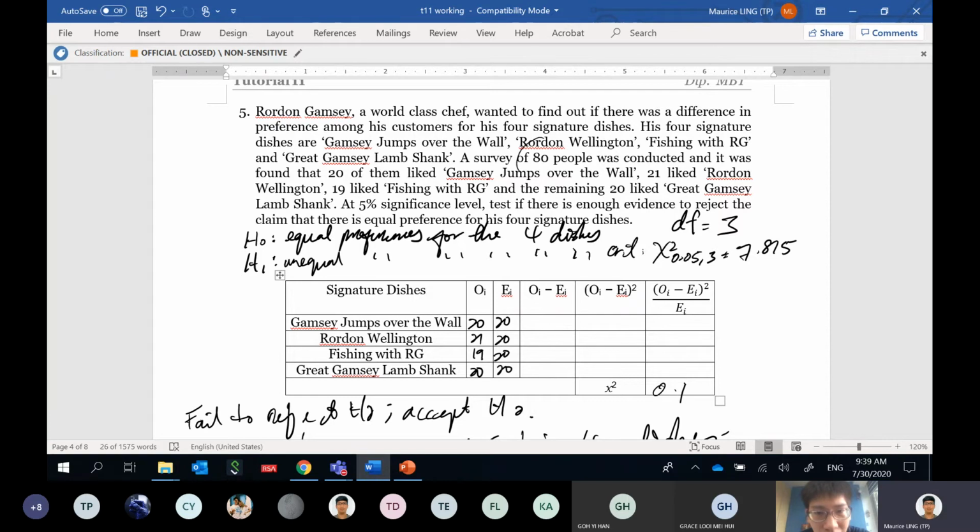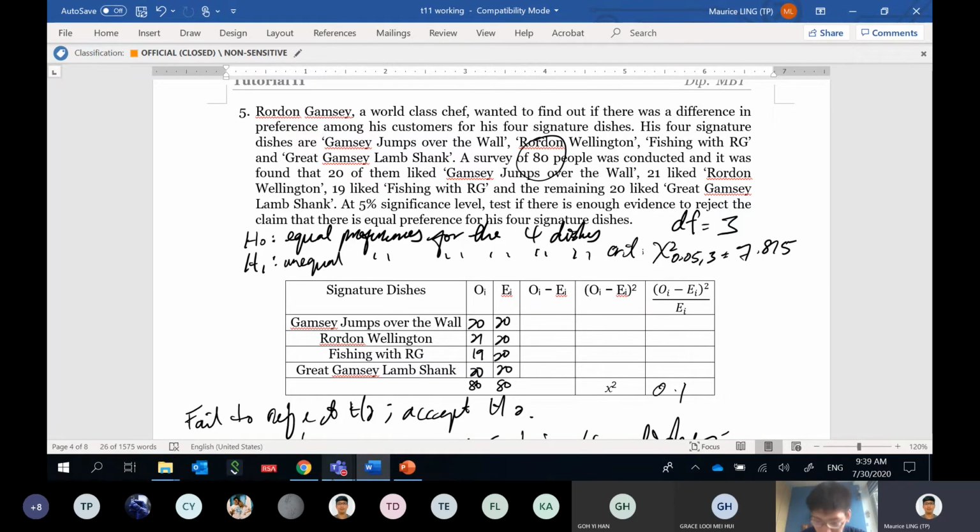Because you surveyed 80, here you have 80 in total. The expected needs to be 80. One thing I forgot to say, your expected and observed numbers have to be the same. Because 80 with equal proportion, equal frequency, you just multiply and calculate it back.